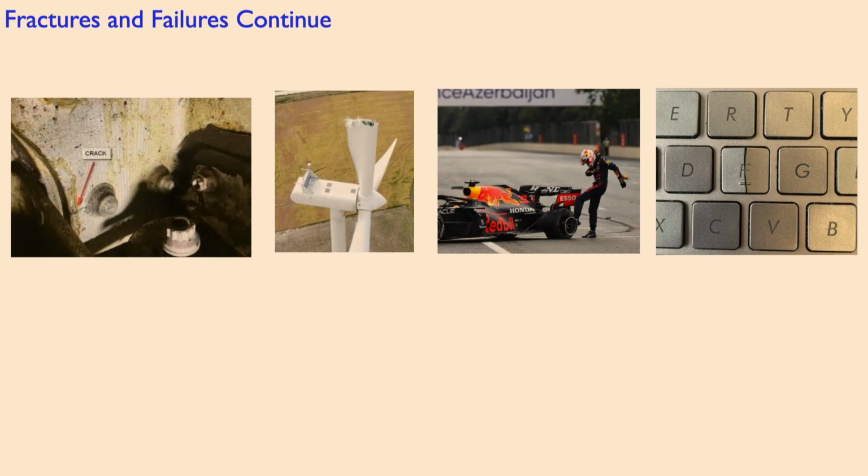You can find reports they just cracked after only 10,000 cycles, so much earlier than expected, okay? Some of you probably saw the news reports of wind turbine blades on offshore wind turbines breaking off and washing up on shore, right? Composite fracture remains a very challenging problem for us in lots of ways.